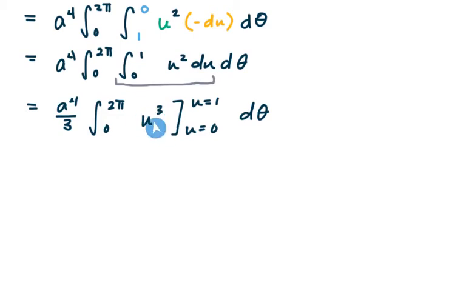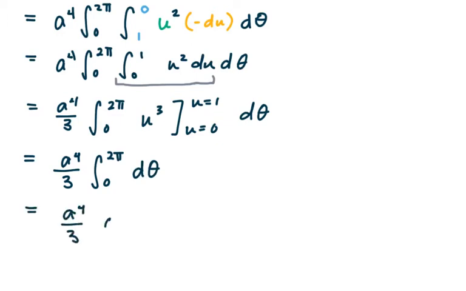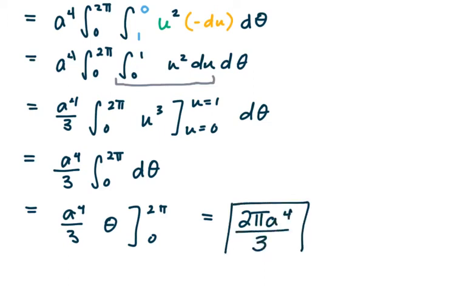And of course, that's just going to give us a 1 in there. So I have a to the fourth over 3, the integral from 0 to 2 pi d theta, which is a to the fourth over 3 times theta evaluated from 2 pi to 0, which gives us 2 pi a to the fourth over 3.